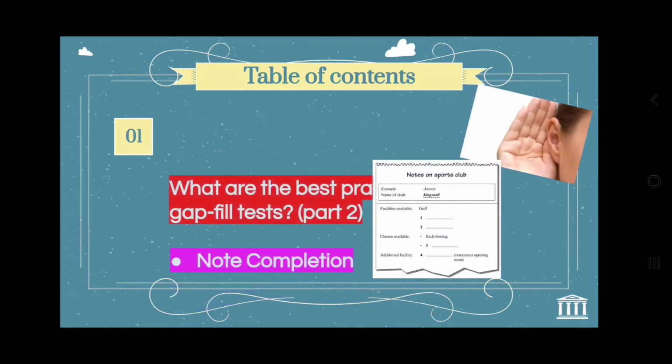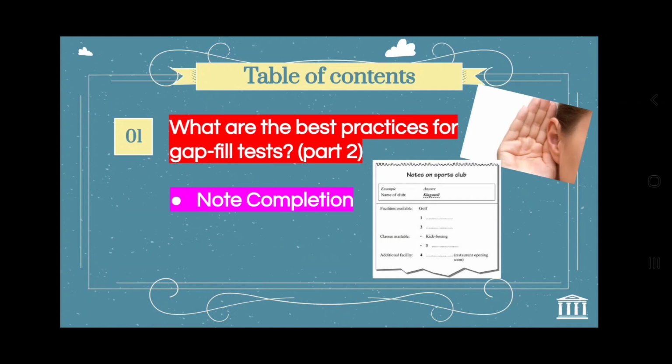And what do we have in the table of contents? What are the best practices for gap fill tests part 2 and note completion? And what I mean by note completion, just take a look at this example. Notes on sports club. So this is one of the very common examples of note completion form that you're going to have for the IELTS.